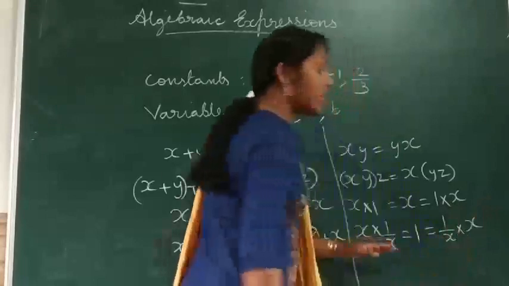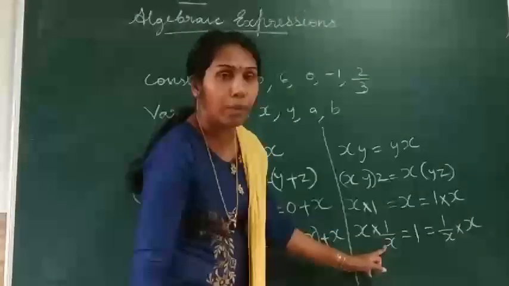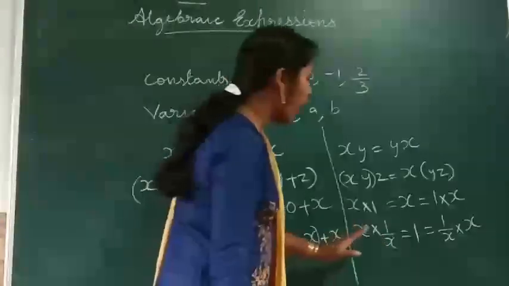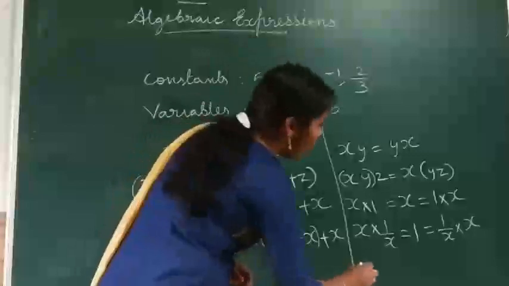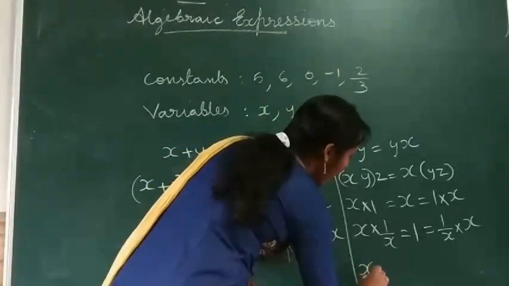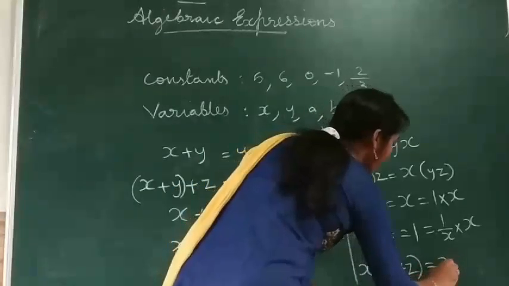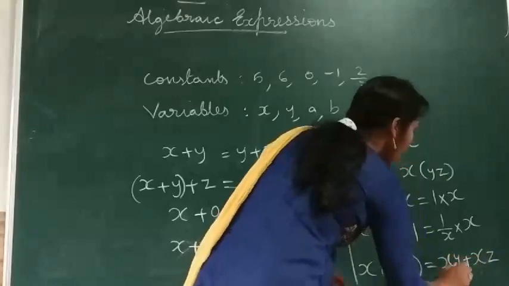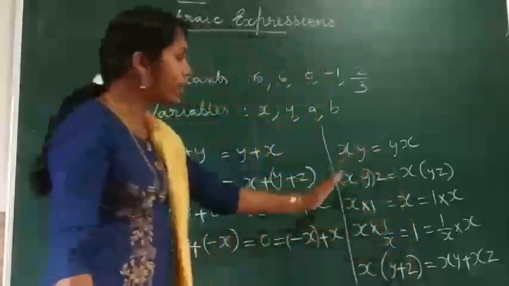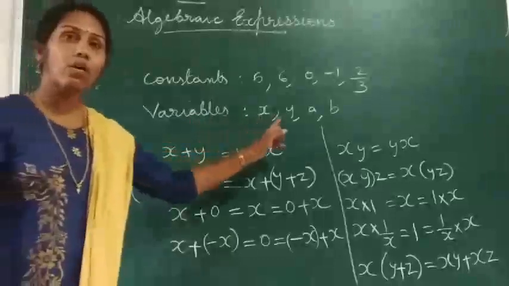That is the existence of multiplicative inverse, or the reciprocal. 1 by x is the multiplicative inverse of x. Multiplication also obeys one more law: x into y plus z is equal to xy plus xz. This is known as the distributive law. So all these laws hold for variables because variables are also numerals.